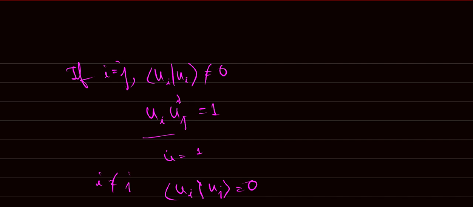So this proves the first one, that the eigenvalues of a unitary operator are complex numbers of unit modulus, and the second one proves that the eigenvectors are orthogonal to each other.